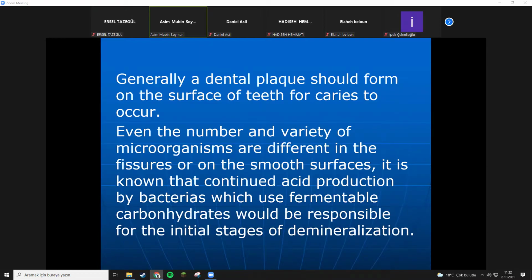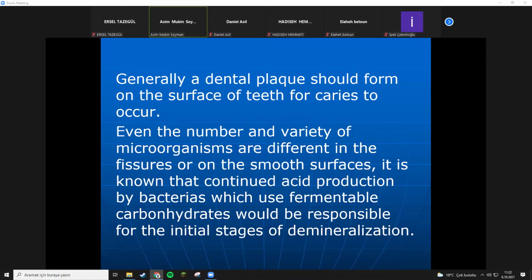Now, generally, a dental plaque should form on the surface of teeth for caries to occur. Even the number and variety of microorganisms are different in the fissures or on the smooth surfaces. It is known that continued acid production by bacteria which use fermentable carbohydrates would be responsible for the initial stage of demineralization. Now, for the initiation of dental enamel caries, chemically, we need some factors.